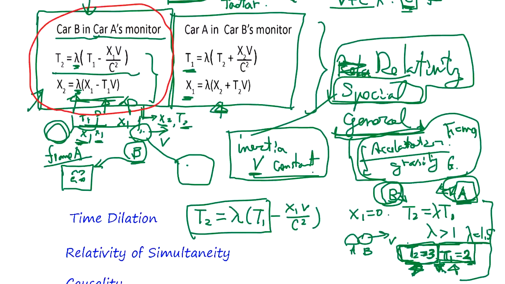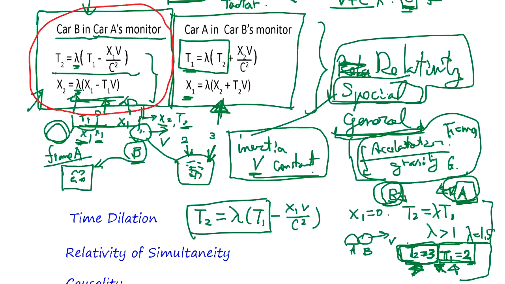If you look at this equation, it's symmetric, right? So from B, he observed A in the monitor and measured the event. They say, oh, it's going slow. It's taking 3 seconds. But here, the same event is 2 seconds. So the thing's moving slower.